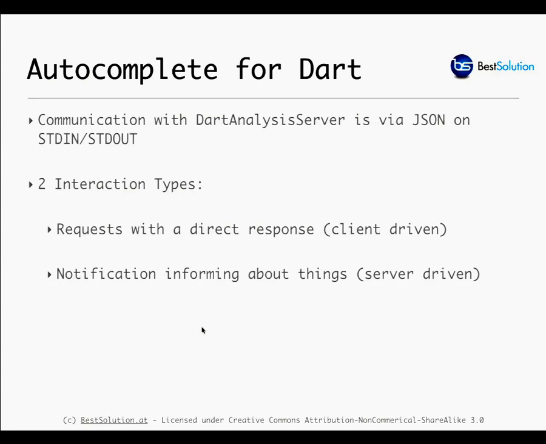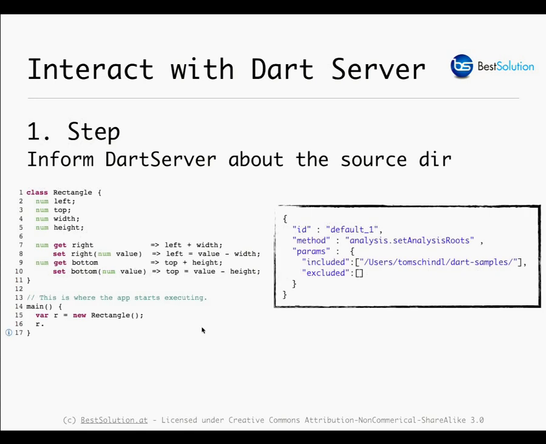So the Dart server has two interaction types. When you start a Dart server, you communicate with it from the input and output stream. You send it a JavaScript object notation message, and normally it responds with another message. So when I set up the sample that we saw here, we send this information to the Dart server and tell it where our source directory is.